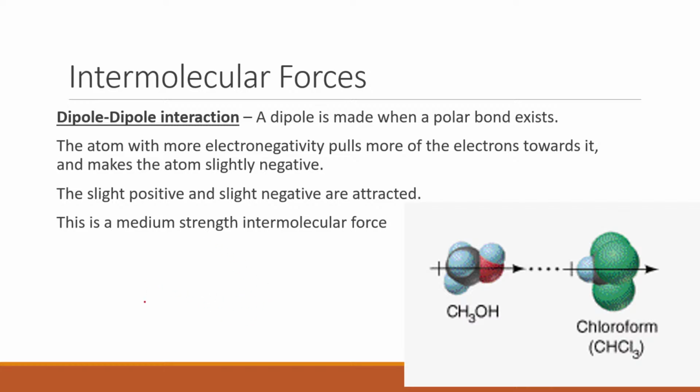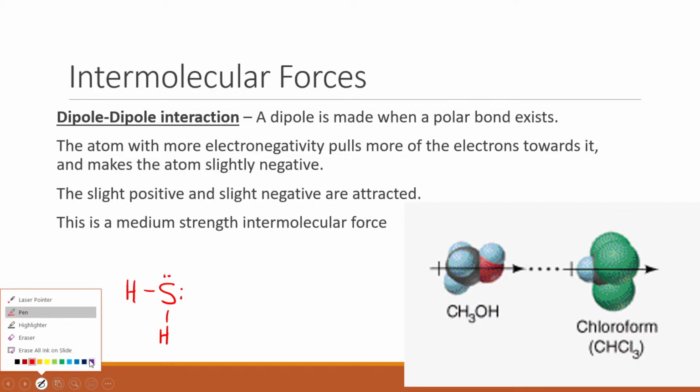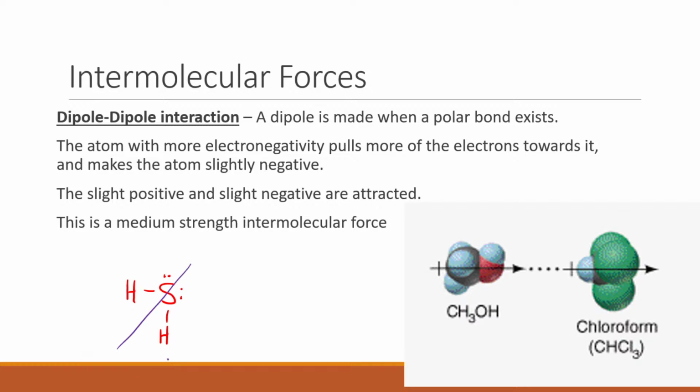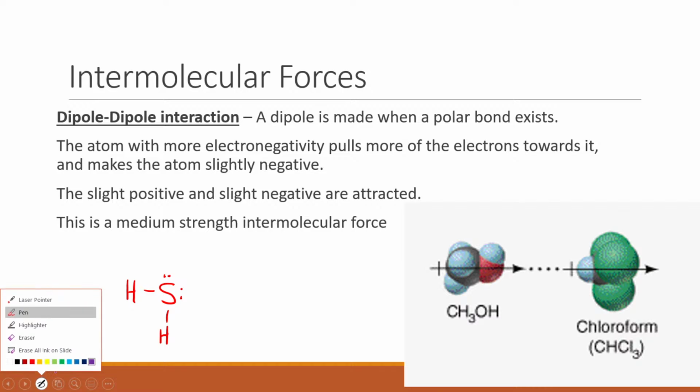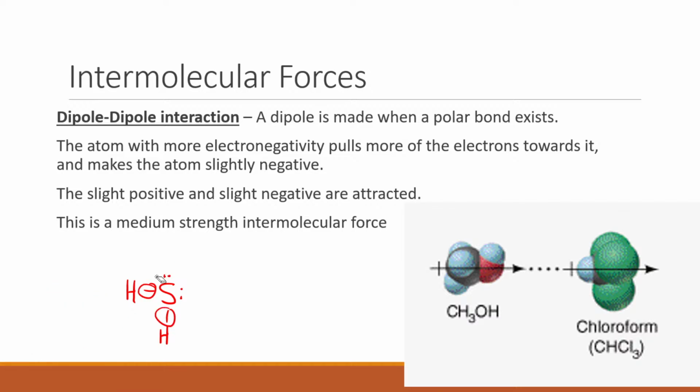When we look at something like SH2, we know that this is a polar molecule. There's only one line of symmetry I can draw, which would be this down the diagonal. And we know that these are polar bonds because they don't connect the same two things.